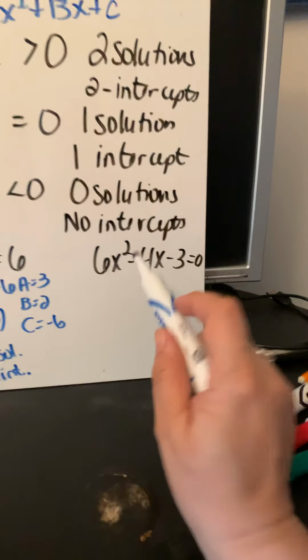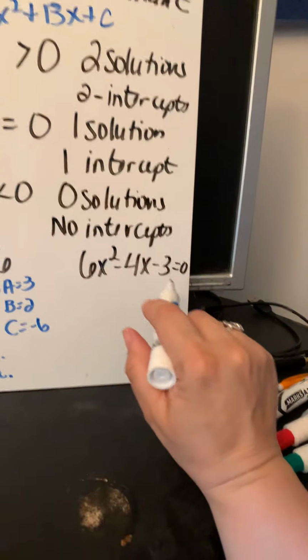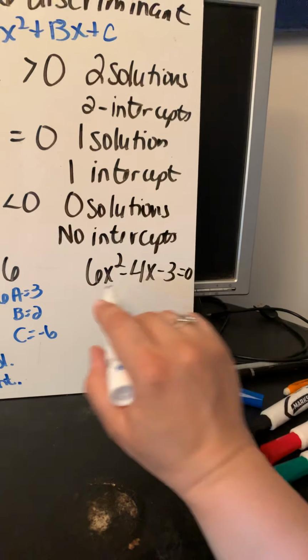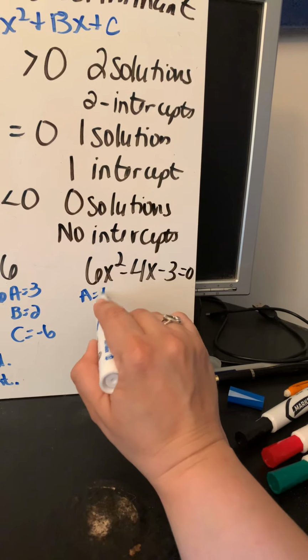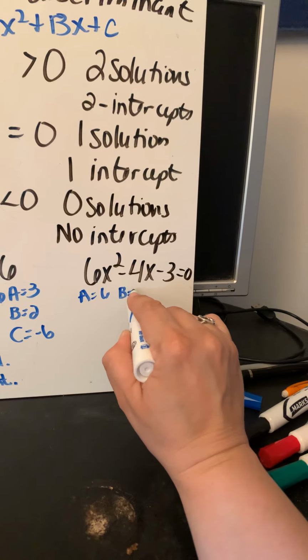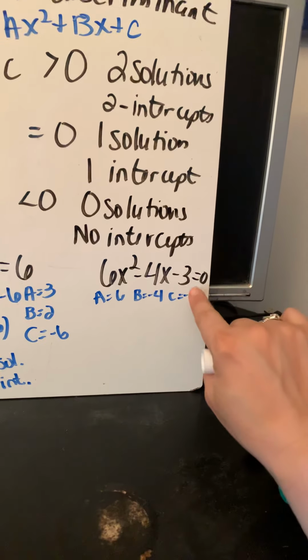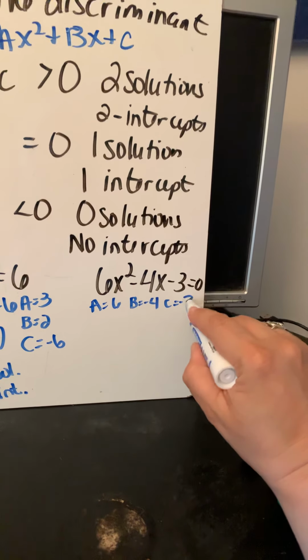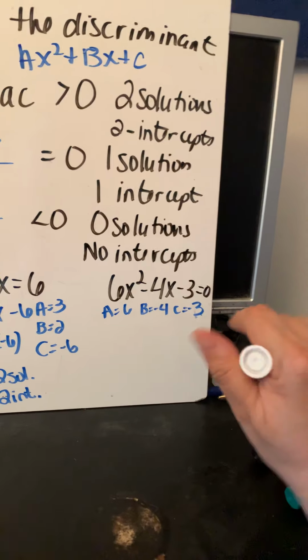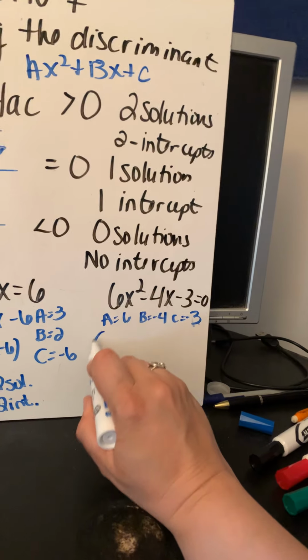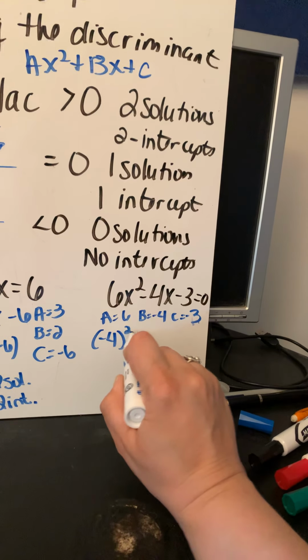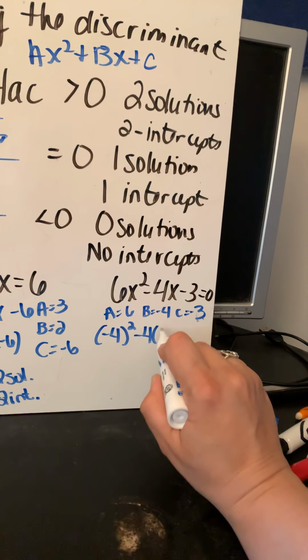Okay, one more example, so I don't want to bore you too much. This one's already set equal to 0. So your a is 6, b is negative 4, c is negative 3, negative 3, not 8. Again, make sure you keep the negatives with it. So b squared minus 4ac.